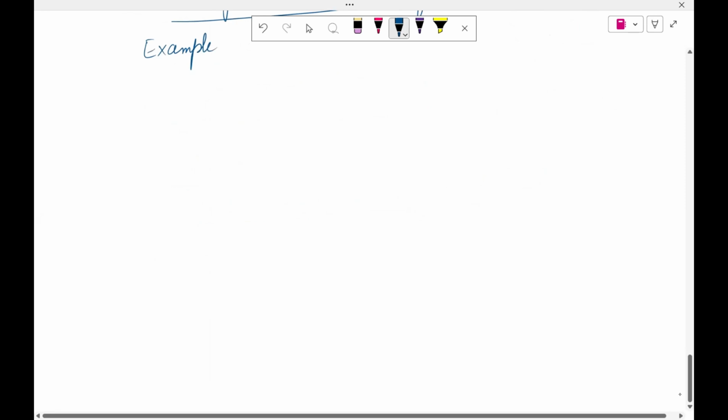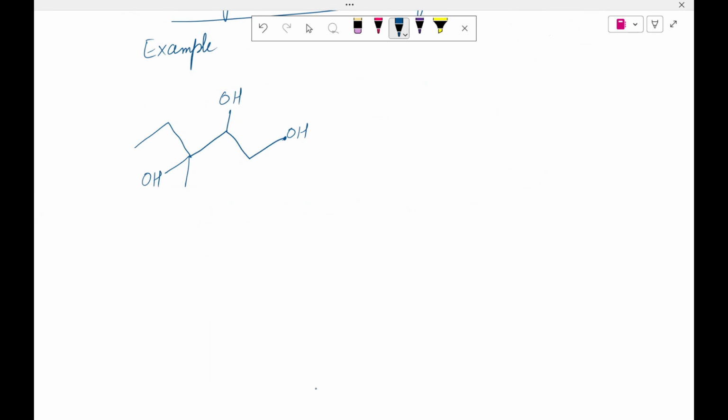And now let's take some examples as well. Like if you are given this kind of question, let's discuss first of all which one is primary, which one is secondary, and which one is tertiary. If we look at this one, this is an OH group, and here we have two hydrogens. Am I right?